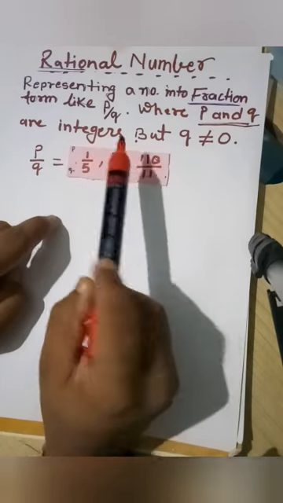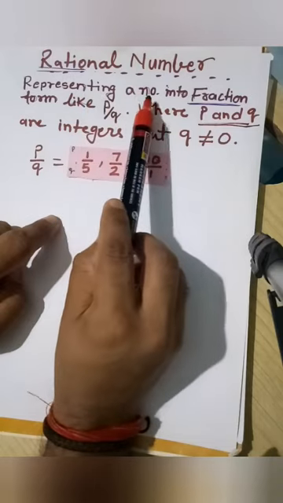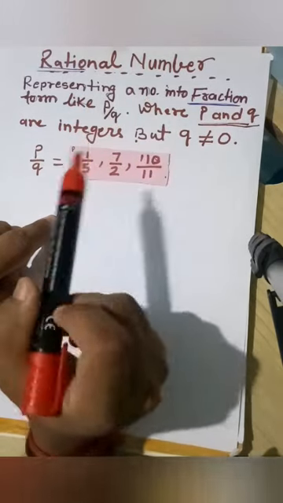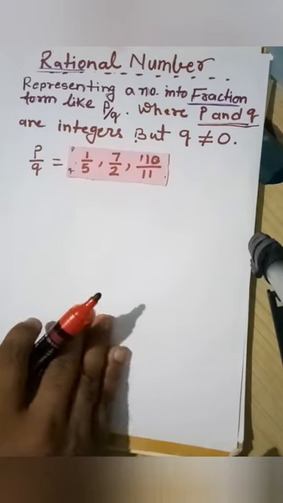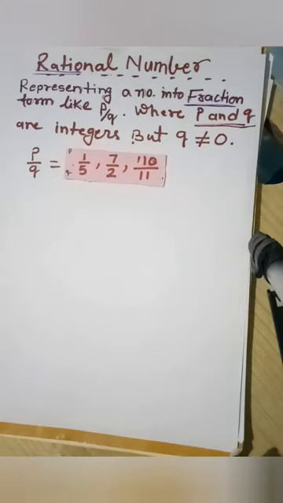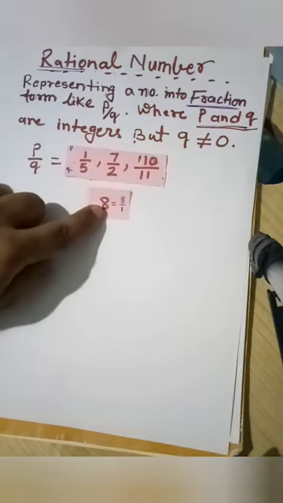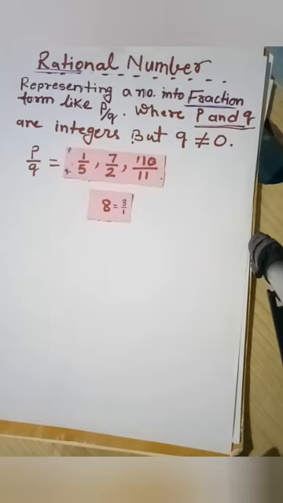So you must be wondering, when I said representing any number, what if you do not have these fractions and you have a number like this? What we have here is 8, a whole number or natural number, as you can see.